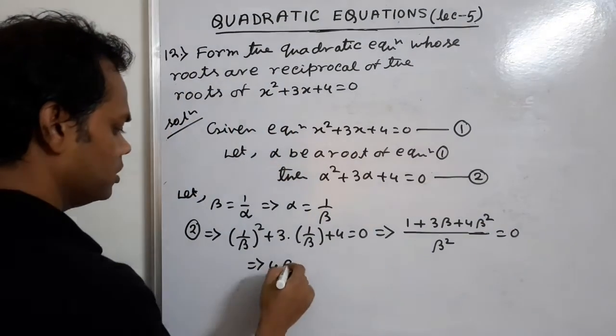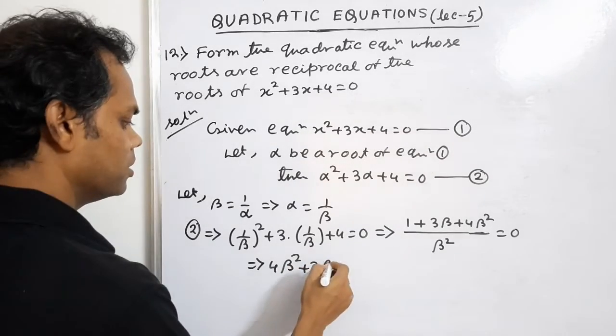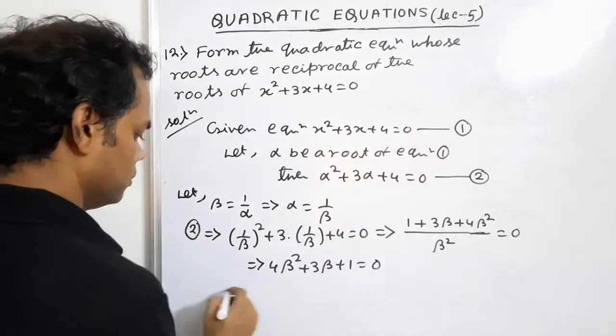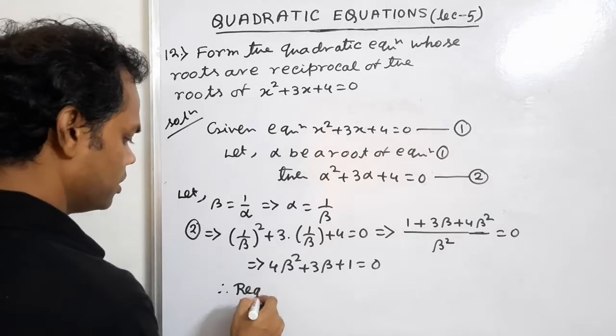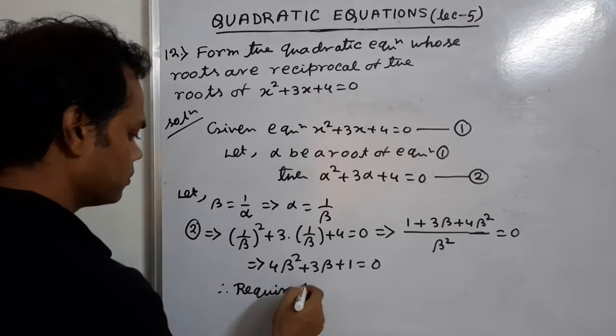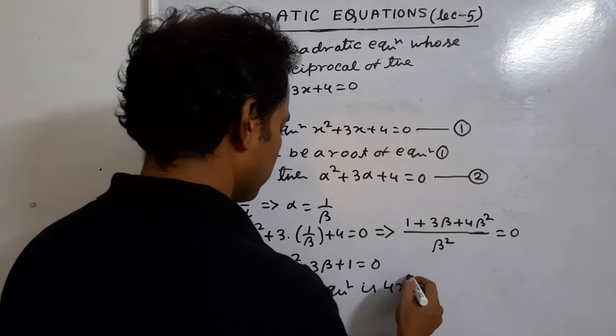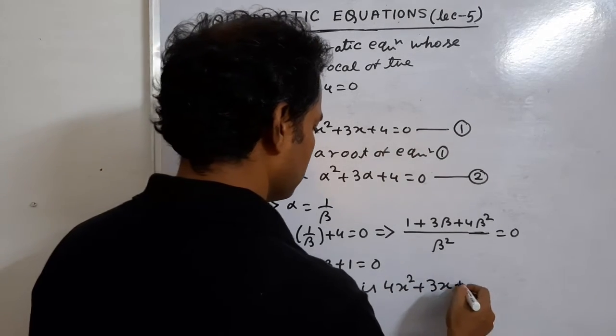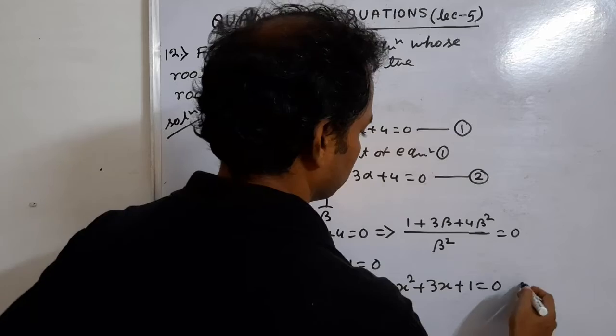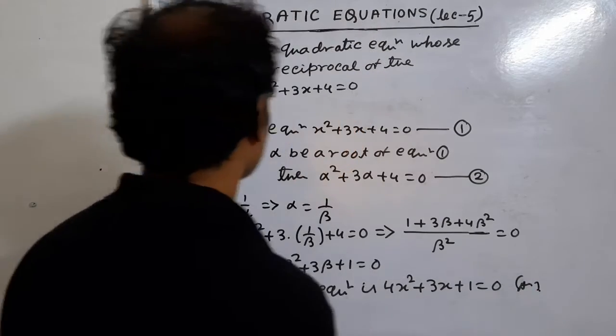So 4 beta square plus 3 beta plus 1 equal to 0. Therefore the required equation is 4x square plus 3x plus 1 equal to 0. This is our final answer.